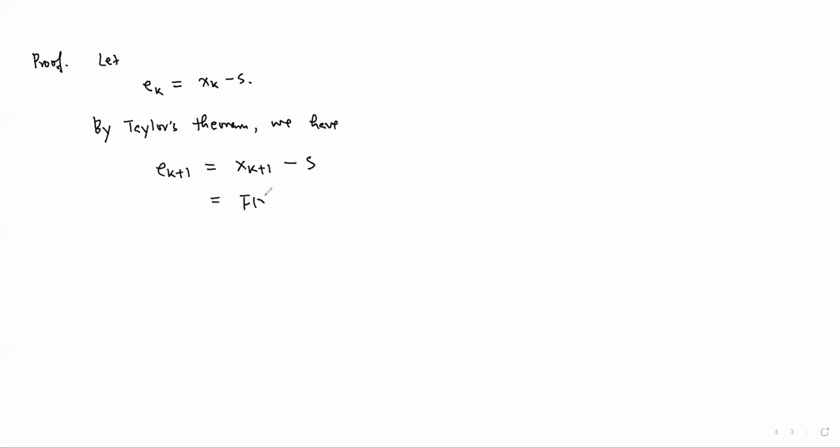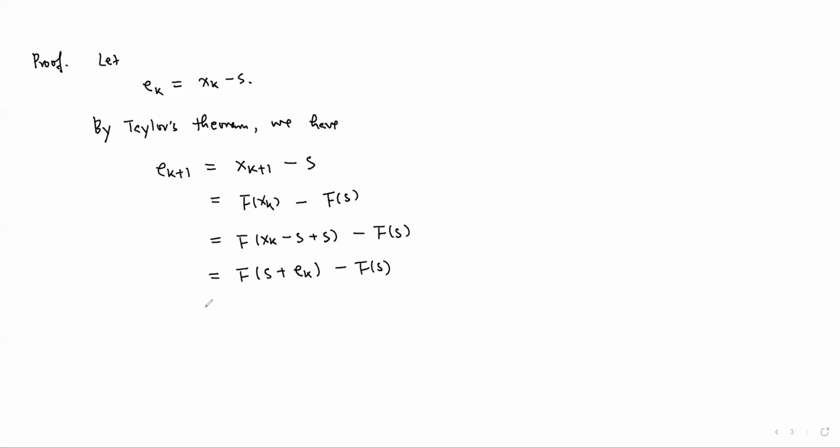S is assumed to be a fixed point, so it is f of s. Now I expand the first term. Let me write the first term as xk minus s plus s. Then this is f of s plus ek, minus f of s. Right? Xk minus s by definition is ek.